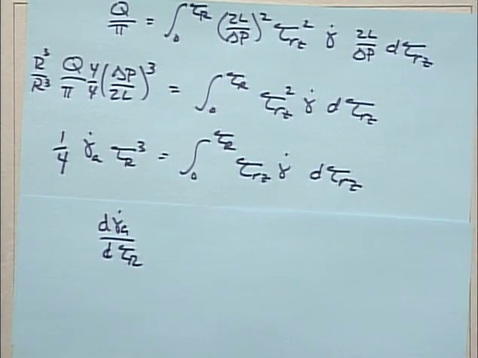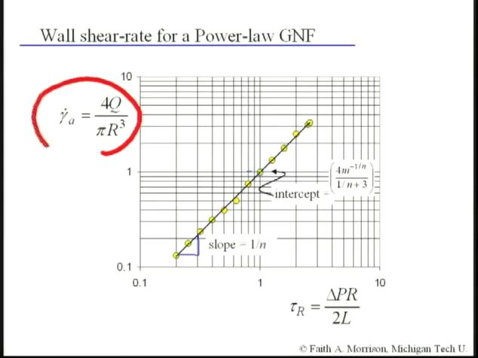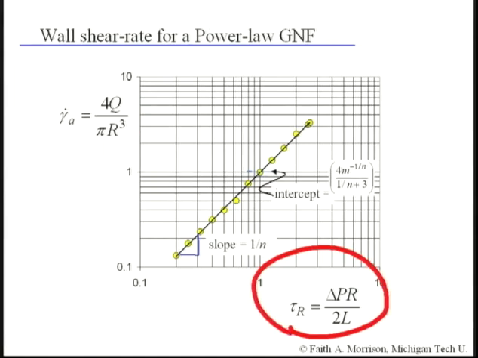And that's what we've been messing with here, right? The derivative of gamma dot apparent with respect to tau R. Or in the one we didn't quite finish, some sort of slope of gamma dot apparent with respect to tau R. So maybe there's a way that mere mortals could have thought of doing this, but in any case, it was pretty smart on their part.